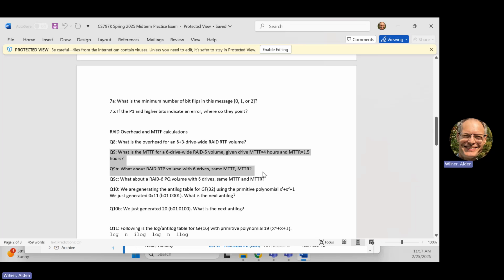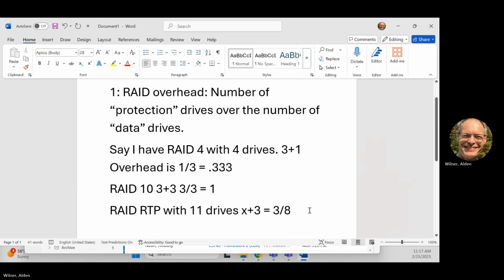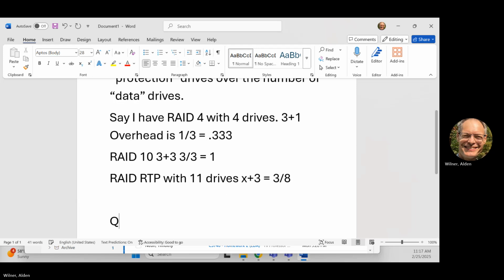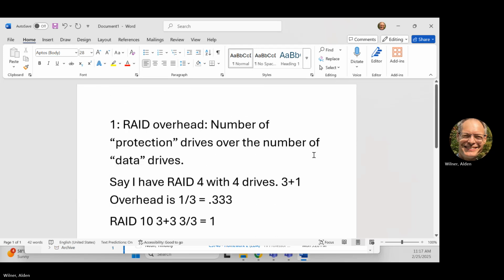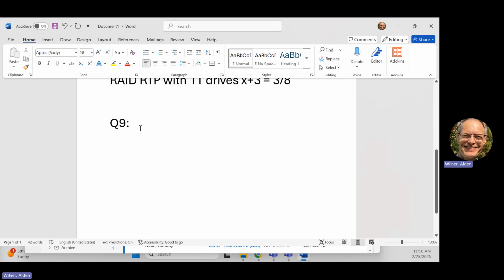MTTF for a volume is Q9, MTTF is a fraction. Numerator is raised to the power of how many drives have to fail.